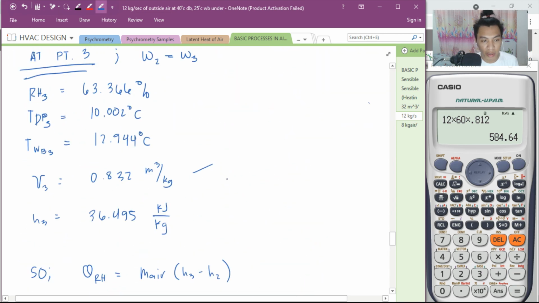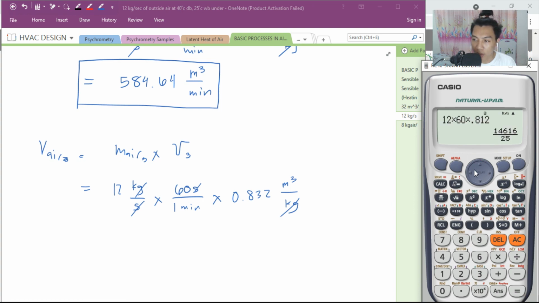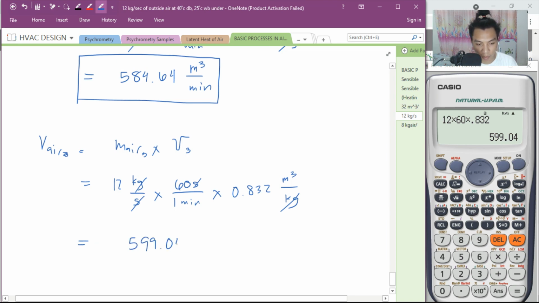Ay, dito. 0.832 meter cube per kilogram. Cancel yung same units. That will be, mali. 0.832. Slightly higher dun sa second volume. 599.04 meter cube in every minute.